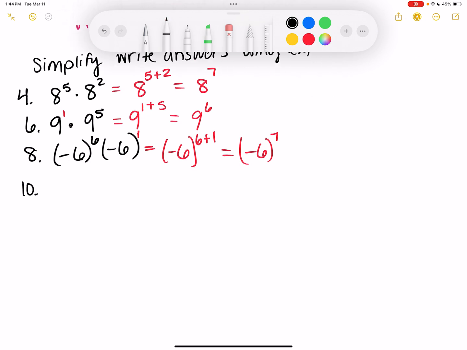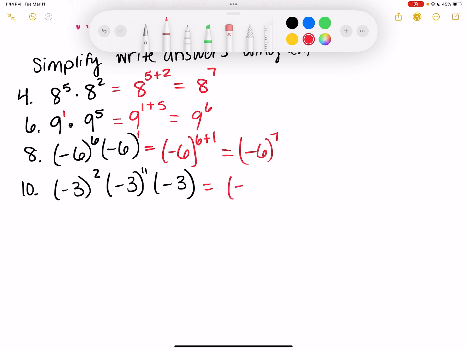Number 10. -3, which is in parentheses, squared, times -3 raised to the 11th times -3. So, what's different about this problem compared to the other one? There's 3 of them. There's 3 things being multiplied.